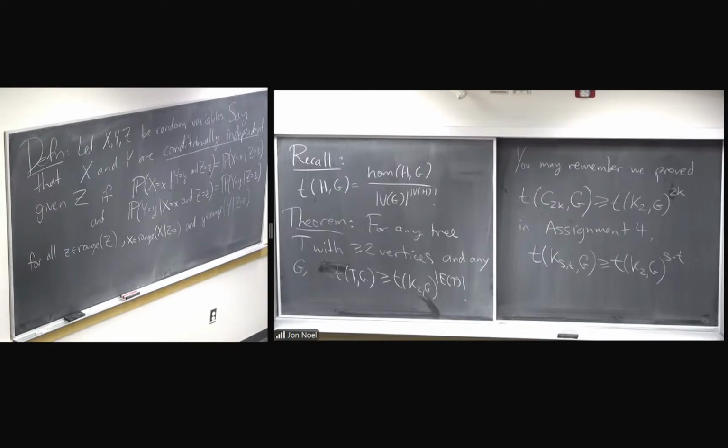In layman's terms, what this says is that the probability that X is equal to any particular value, given that I know the outcome of Z, is not influenced by learning the outcome of Y. Knowing some value for Y doesn't affect the probability. It's as if we didn't even know it. In our application, it will be clear why this property holds.